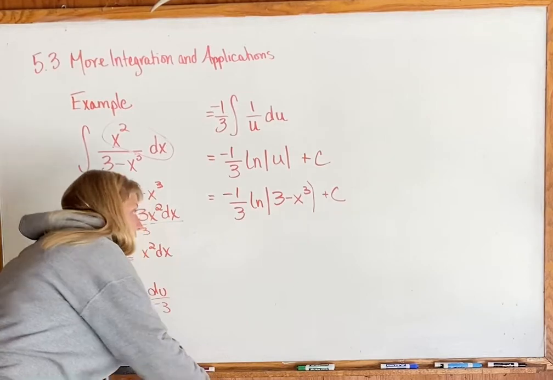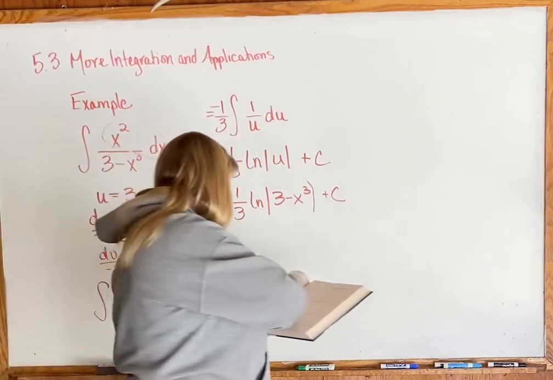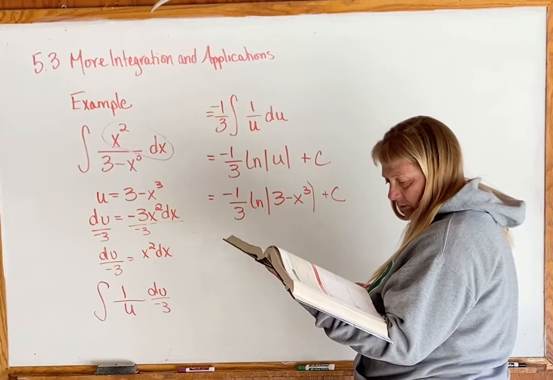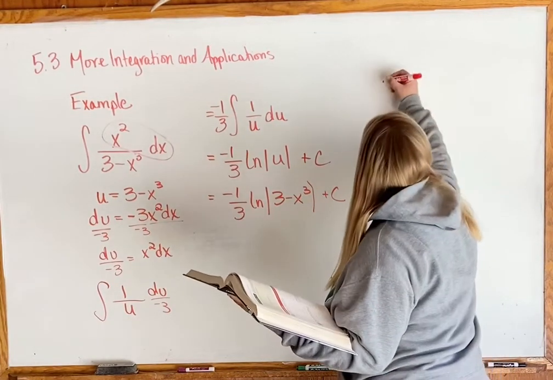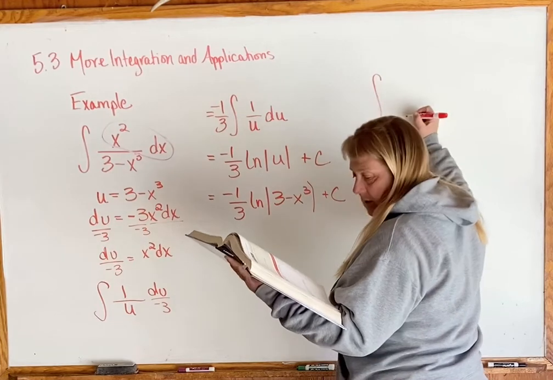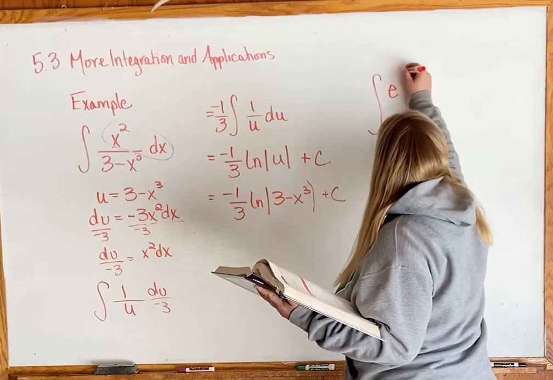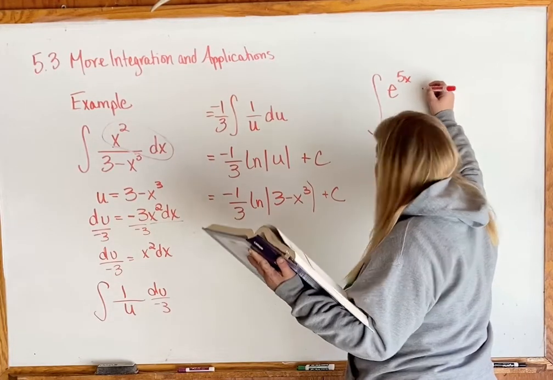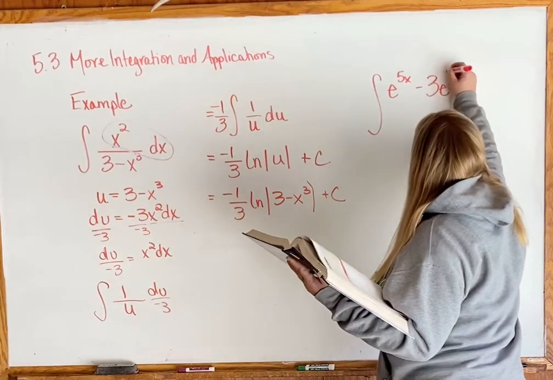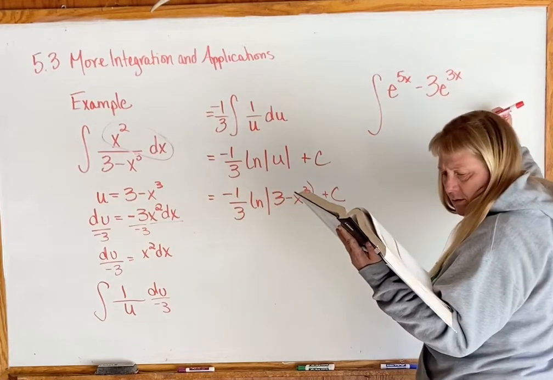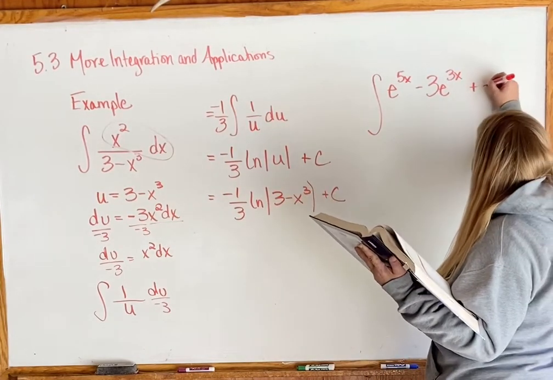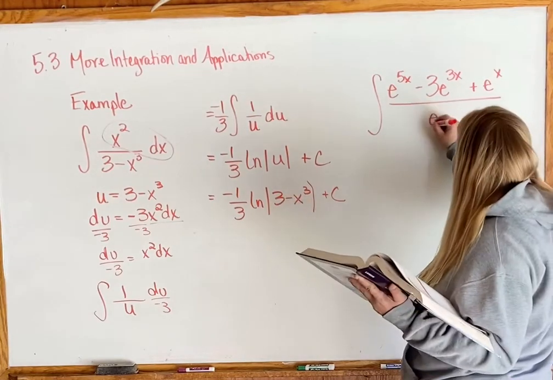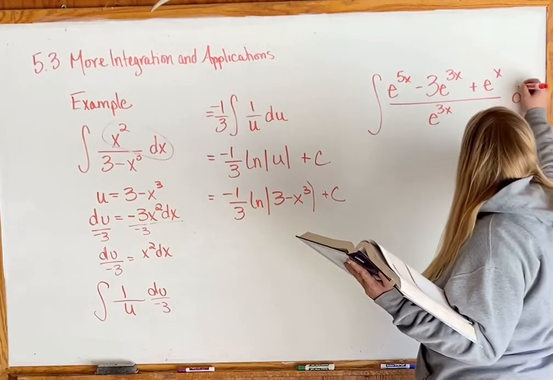Okay, let's look at a different one then. Let's see what else we've got here. How about this one? The integral of e to the 5x minus 3e to the 3x plus e to the x, all over e to the 3x dx.